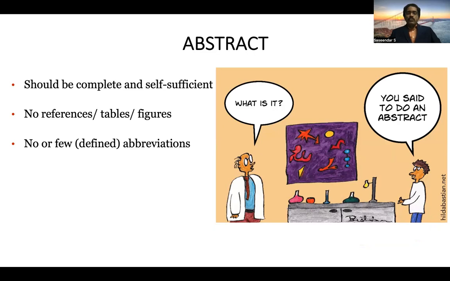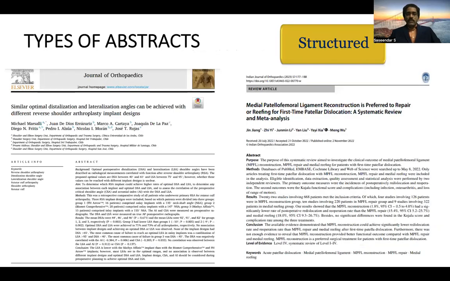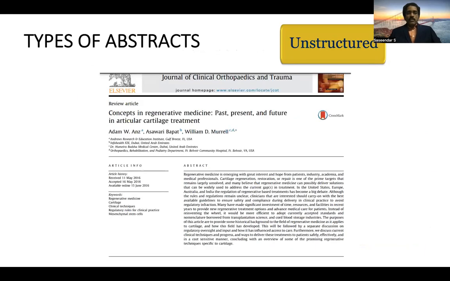There should be no or few defined abbreviations. There are two types of abstracts. In the structured abstract, you divide the abstract into subtitles, including background or purpose, methods, results, conclusion, and keywords. In the unstructured abstract, the text is the same but is not divided into subtitles.